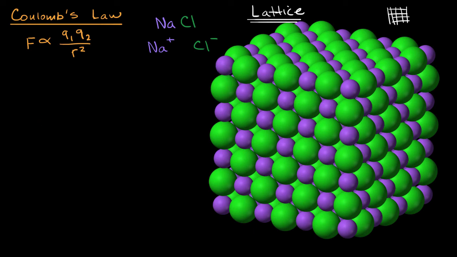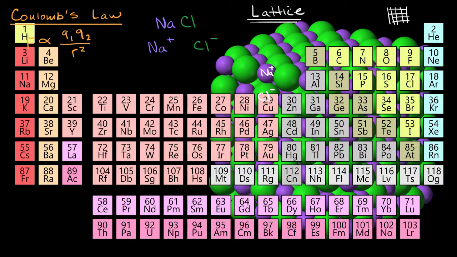But you can see in this picture, the purples are the sodium cations, and the greens are the chloride anions. And the reason why the sodium cations are so small, you can see that if you look at the periodic table of elements here. We have said that as you go to the right, your radius decreases.